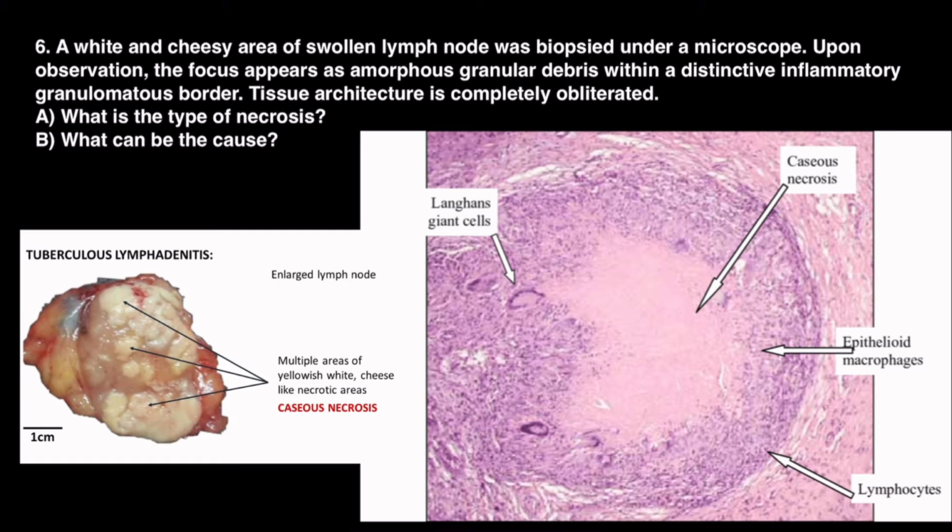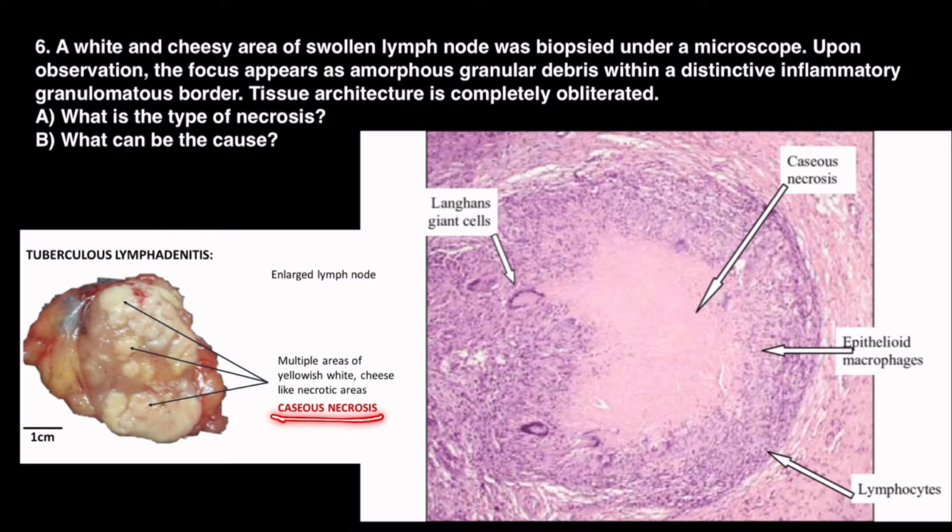This lymph node shows necrosis at regions, and this necrosis is caseous necrosis, which has occurred due to Mycobacterium tuberculosis. This is a case of lymphadenitis. So your lymph node is enlarged, and parts of this lymph node have gone through necrosis. Since this necrosis shows visible yellowish white cheesy areas, it's your caseous necrosis.